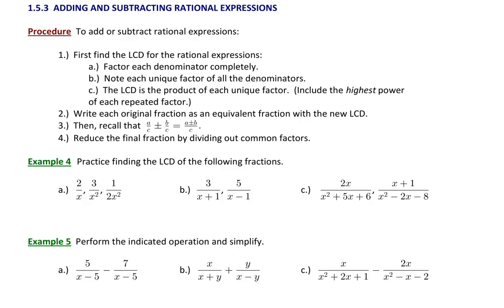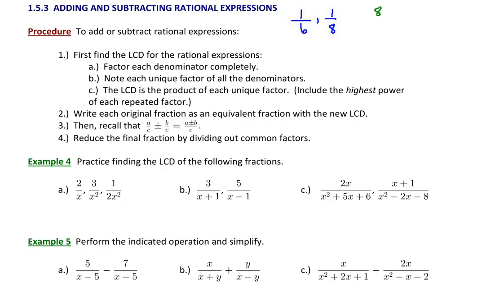Now, that may not make a lot of sense at this point, but this is really what we do when we find the LCD for real number fractions. So let's just look at a really simple example to begin with. Let's suppose I've got the fractions 1/6 and 1/8, and I want to find the LCD. A really easy way to find an LCD is to take your largest denominator, in this case an 8, and just list the multiples of 8.